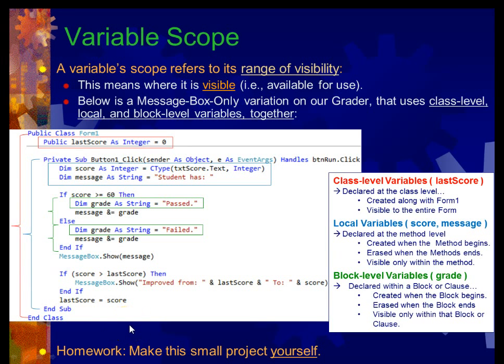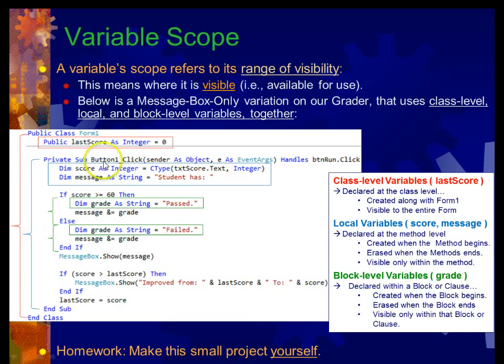By the way, when the form disappears, if we close the program or close the form, then that variable will also get lost. Okay? So the scope of this variable is the whole form, and the form is defined by what we call a class. So this is called a class level variable. And these are called local variables. Local variables mean they're defined within a function, or within a method, or within a sub-procedure.